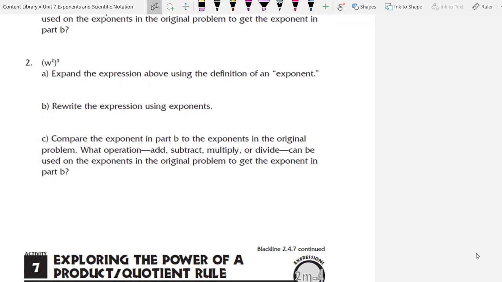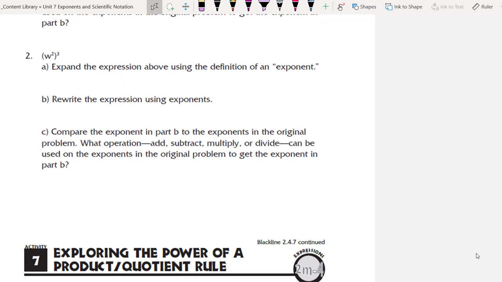The second one, w to the second, to the third power. So I'm going to write that 3 times.